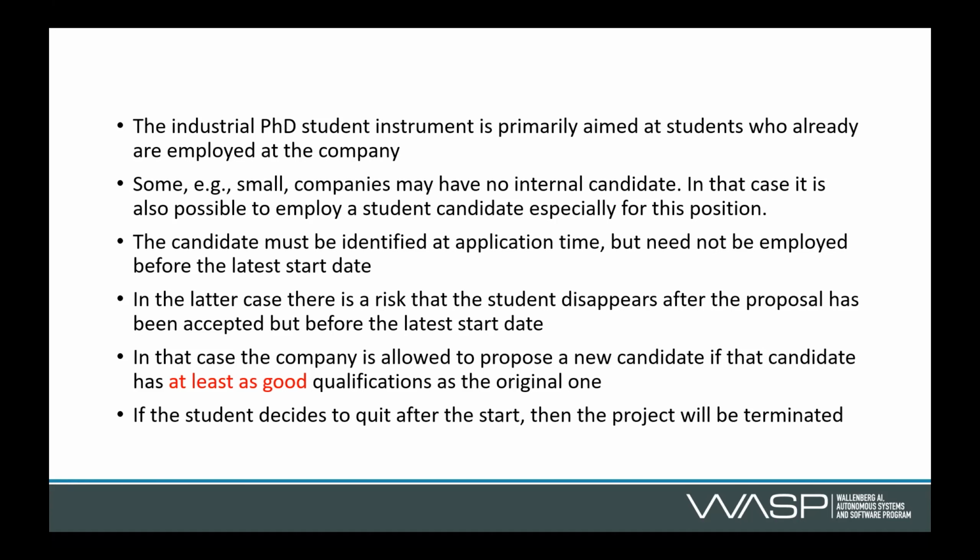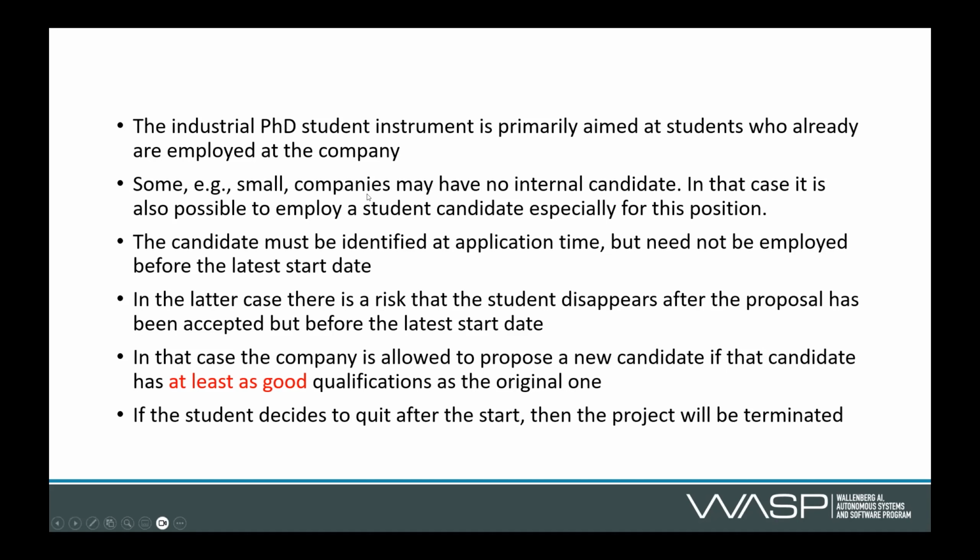But it could be that some small companies, often in the AI branch, might not have any internal candidates to put on a project like that. And in that case, it is possible for them to employ a student candidate, especially for this position. But the candidate must be identified and named at application time, but need not be employed until the latest start date of the project.